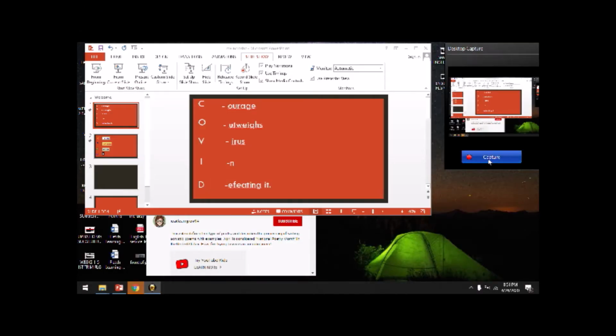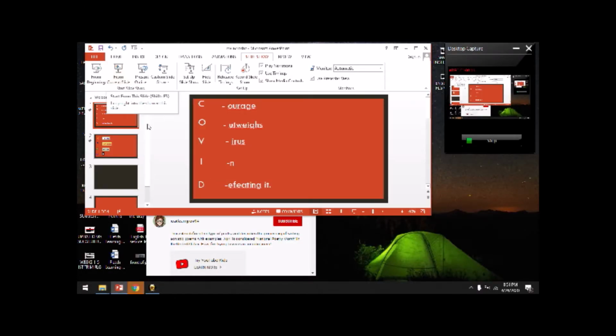So, if I would write COVID down the side, then I have to think of a word that begins with the letter C and is related with COVID.